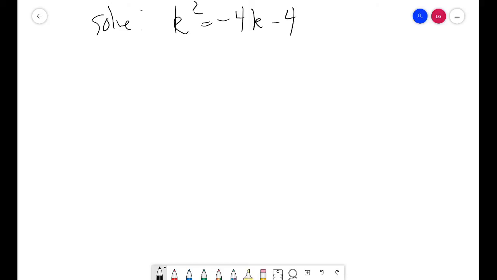Solve for k values that make k squared equal to negative 4k minus 4.